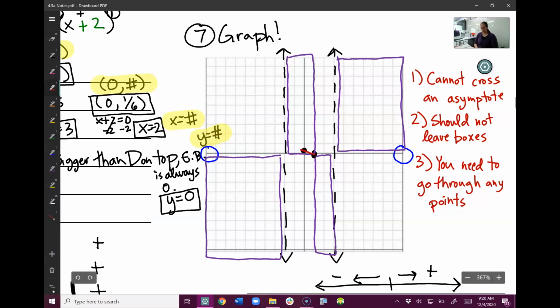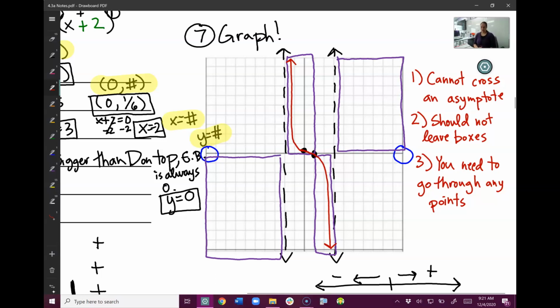So what I'm going to need to do is curve this line up so that it stays in my box and it doesn't cross my asymptote. And I can do the same thing going to the right. If I kept this line going straight this way, it's going to cross an asymptote and leave my box. So what I'm going to do is curve it downward so it stays in my box and doesn't cross the asymptote. And that's the first section of our graph.